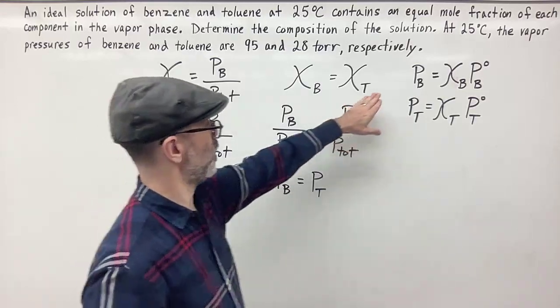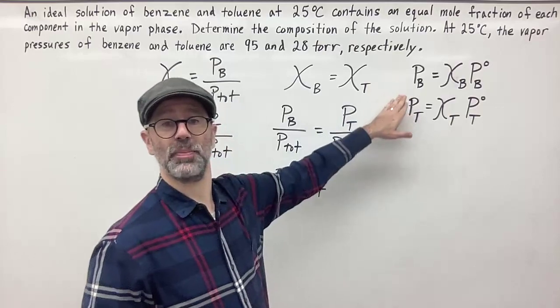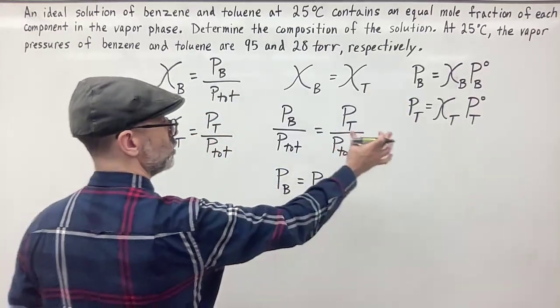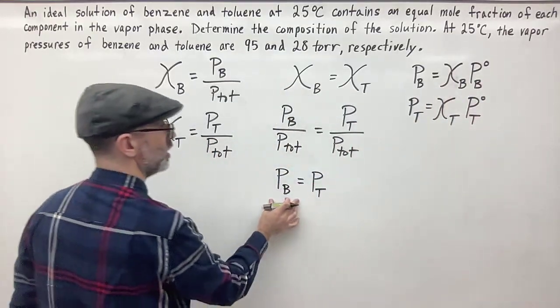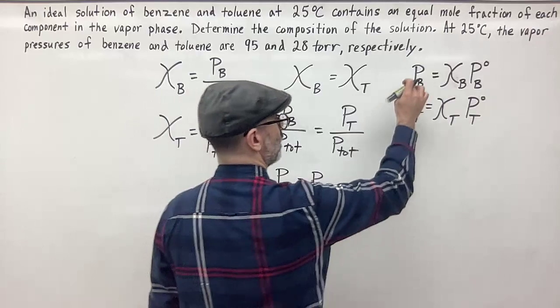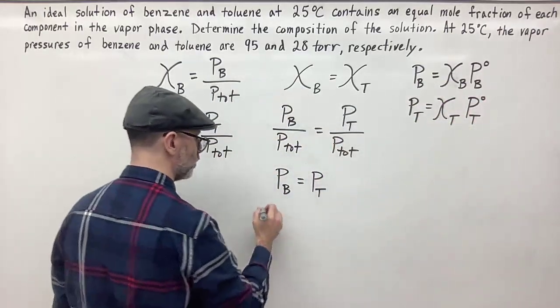If the partial pressure of benzene is equal to the partial pressure of toluene at 25 degrees Celsius, then we can substitute these in. Logic again: if these two are equal, and this is equal to this, and this is equal to this, then these two must be equal to each other.